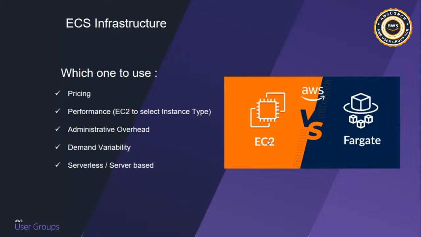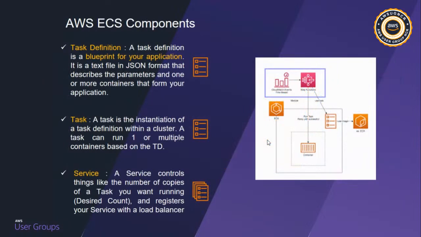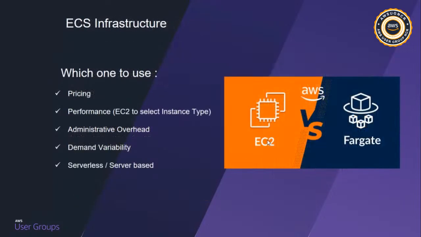You don't need to manage your EC2 instances, while with EC2 you need to configure and manage everything yourself. So these are the traditional benefits between server-based and serverless computing, and the same concept applies here with ECS as well. So let's take it as a scenario: when to choose EC2 and when to choose Fargate.